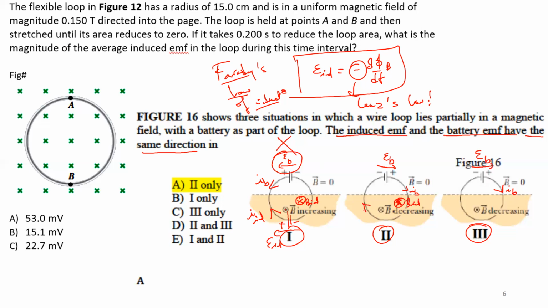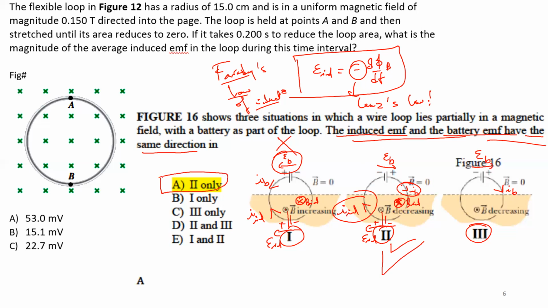The current induced is now in the same direction as the current of the battery, because the EMF induced has plus here and minus here. You see that the EMF induced has the same direction as the EMF of the battery. So this is correct. By correct, I mean the EMF induced and the battery have the same direction.